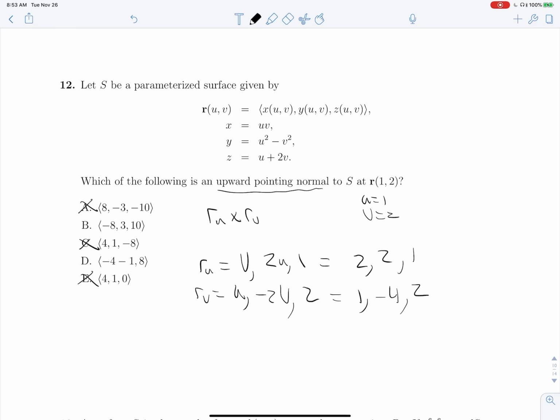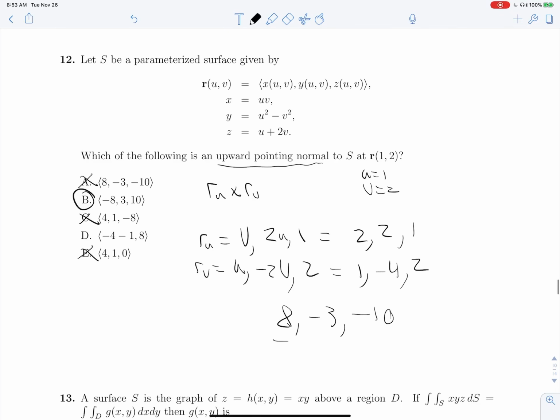So we are going to get (8, -3, -10). And we see that B is the upward pointing version of this vector, because we have a negative z component, this would be our downward pointing counterpart.